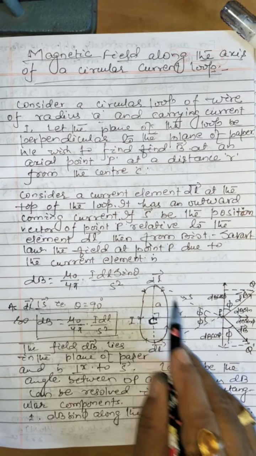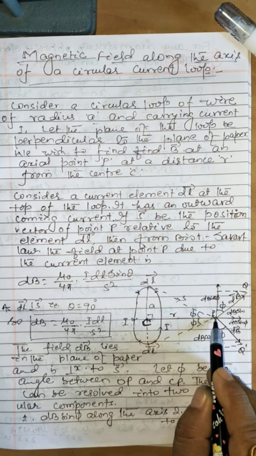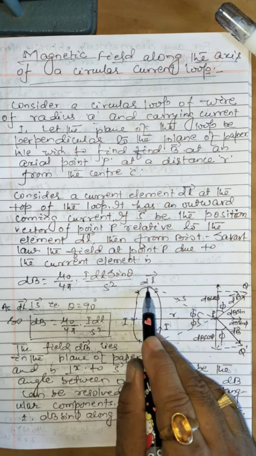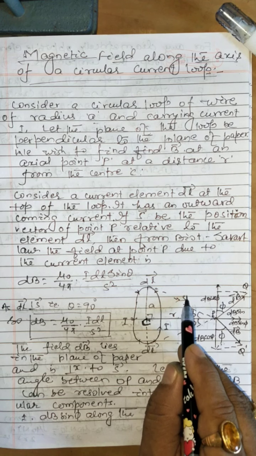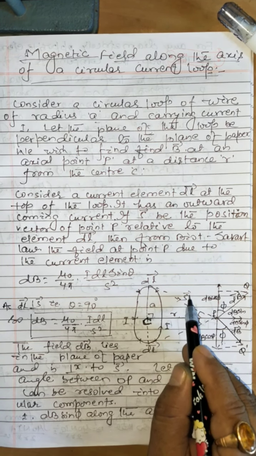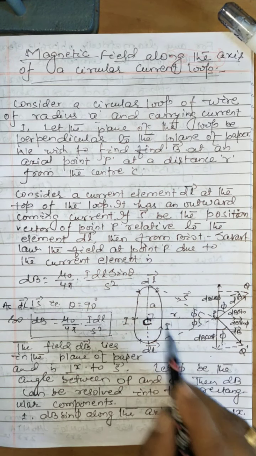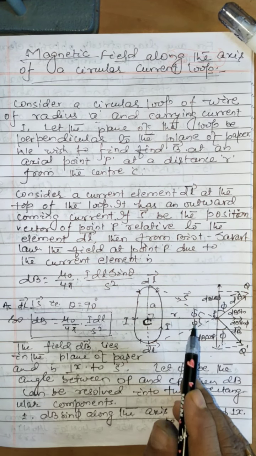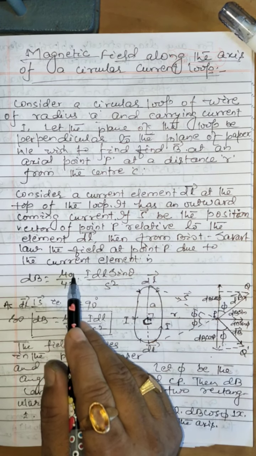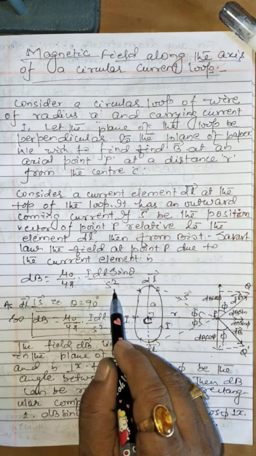If s be the position vector of the point P relative to the element dl, this is the position vector. So students, from Biot-Savart's law, we have seen dB is equal to mu naught upon 4 pi, I dl sin theta upon s square.